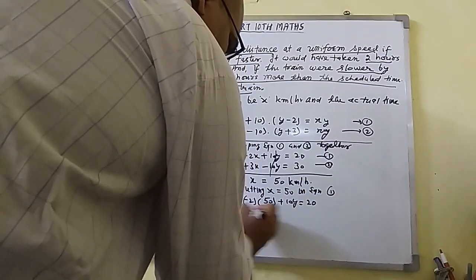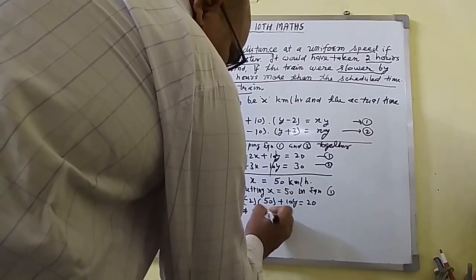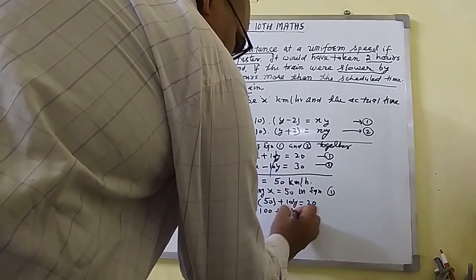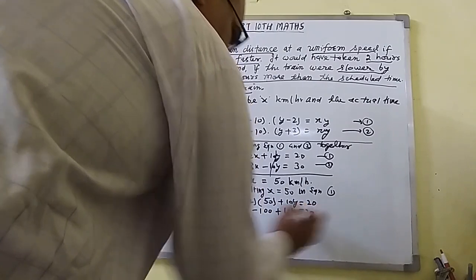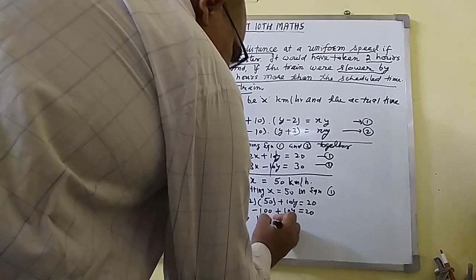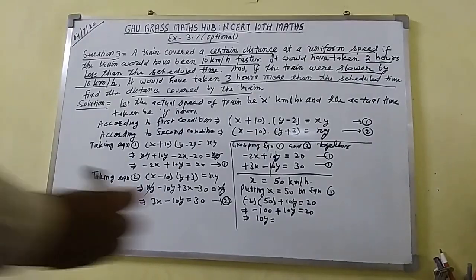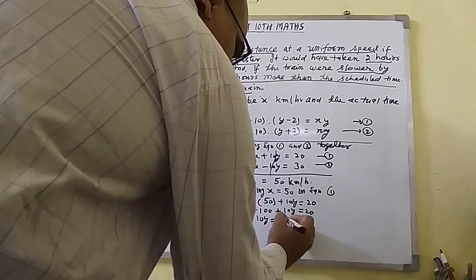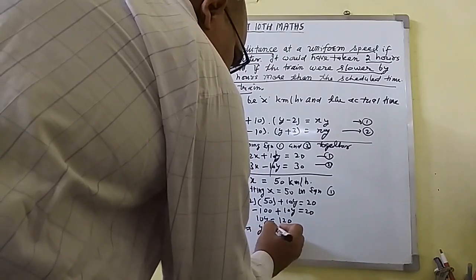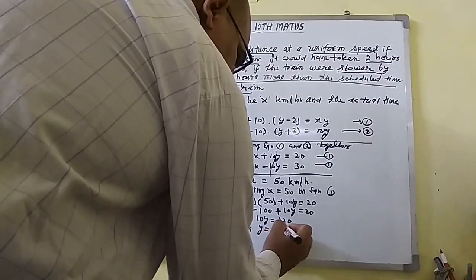This will become minus 100 plus 10y equal to 20. This implies that 10y equal to 120, so y equal to 12 hours.